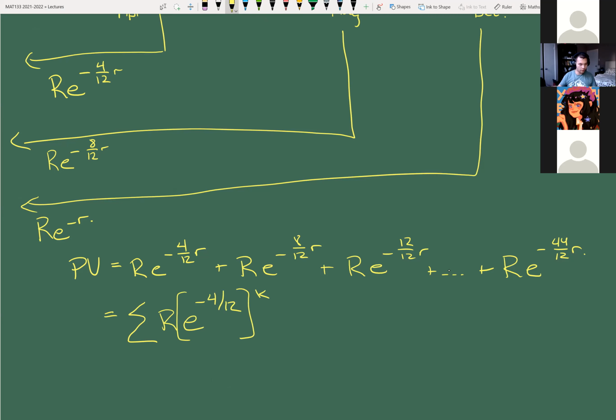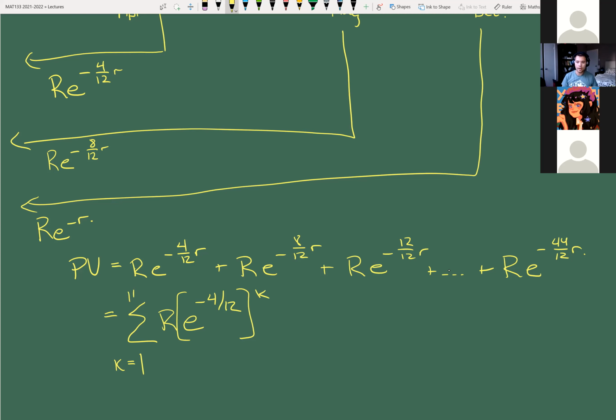And if we want, we can write it like this, right? Where do we start? K equals, what's the first number? Yeah, Brandon, exactly. 1, perfect. Last one, 11. Beautiful.